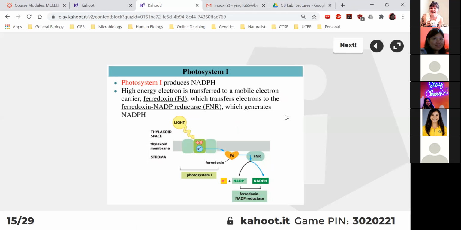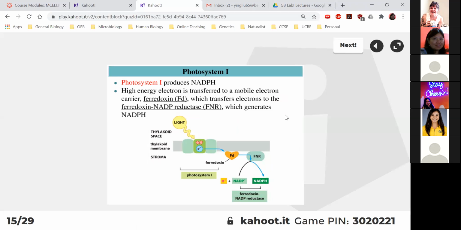Photosystem 1, the second one, is the one that actually produces NADPH. The pigments can also absorb photons and elevate the energy level of electrons. Then the electron gets passed to the next player, called ferredoxin, and then ferredoxin passes the electron to the next player, called FNR.